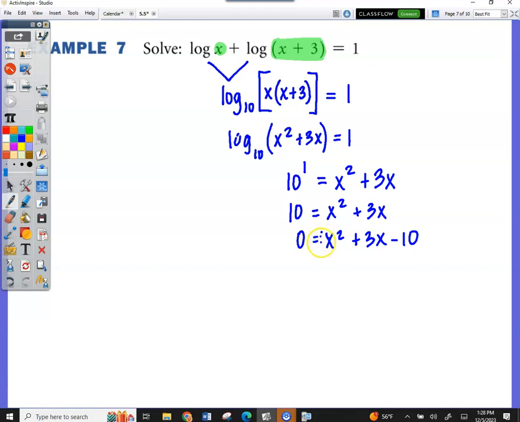Don't forget to multiply by the a. Factors of negative 10 that add up to equal 3: 5 and negative 2. Since a is 1, we can go straight to parentheses.